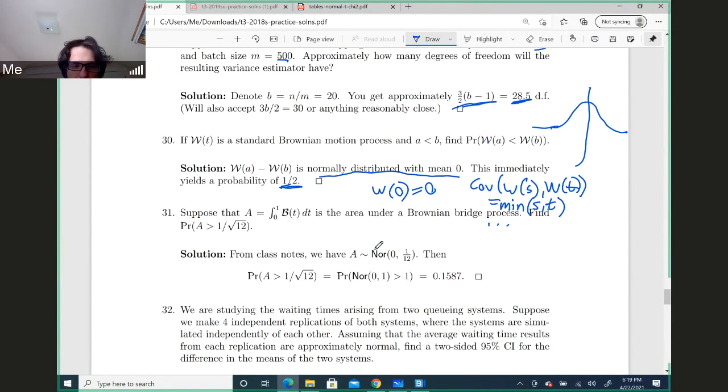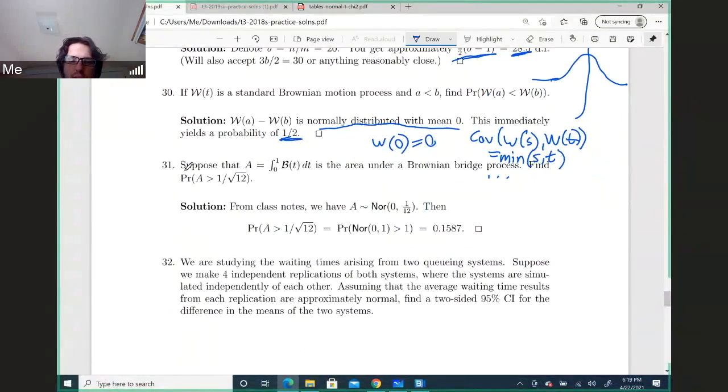And question 31. Suppose that you have this area under a Brownian bridge process. Find the probability that this area is greater than this value. One of the things you should have on your equation sheet is that if you have this, then that is distributed as a normal random variable where the mean is equal to 0 and the variance is equal to 1/12.